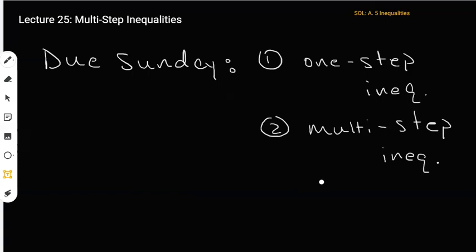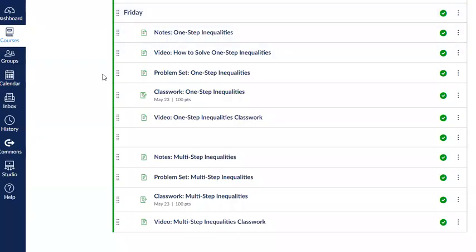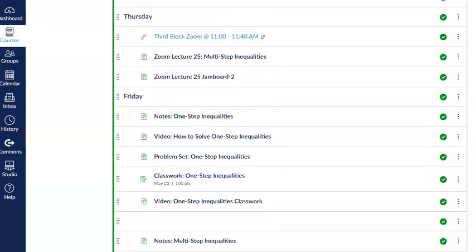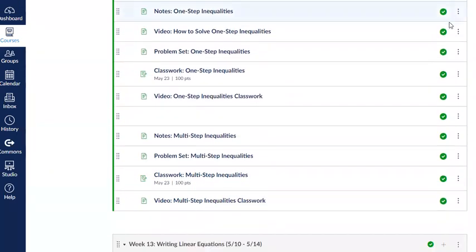So for your multi-step inequalities, you're going to go to the modules on Canvas. Under week 14, you will see under Friday, we have the one-step inequalities classwork up here. And down here, you have the multi-step inequalities. You're going to click on that.